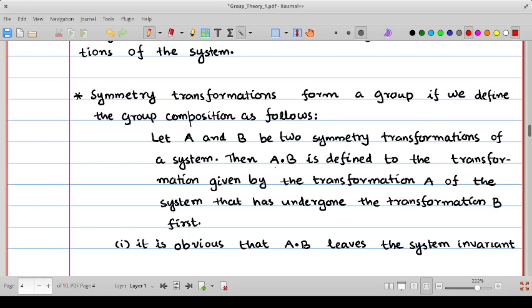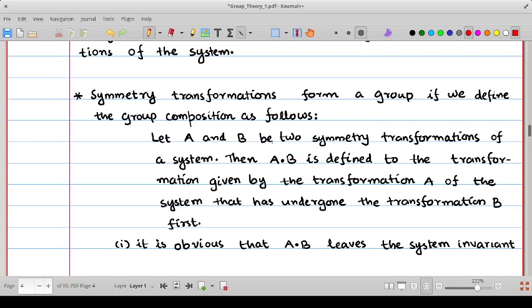Therefore A dot B, which is how we define this composition, that is B followed by A, will also leave the system invariant, the circle, the geometry of the structure unchanged. So that means B followed by A is also a symmetry transformation.